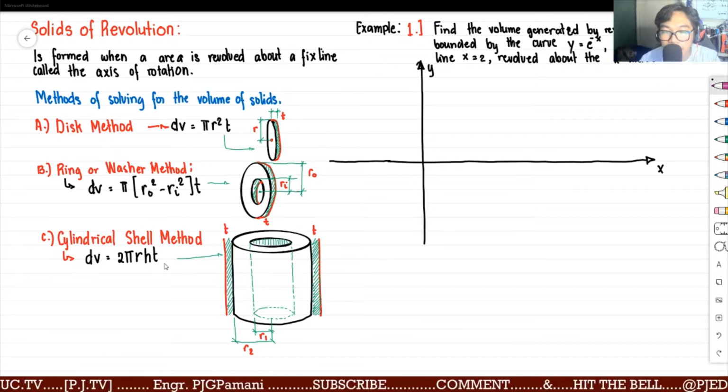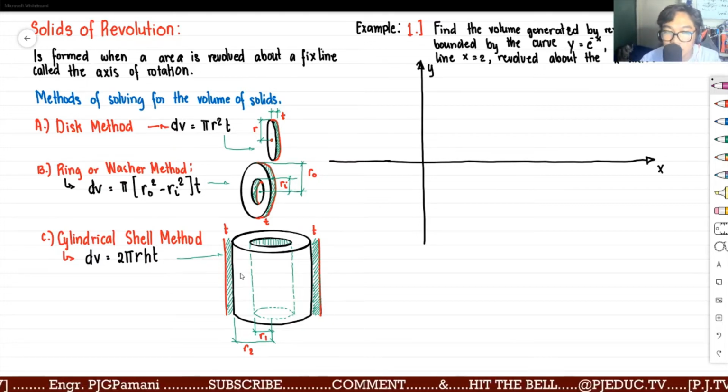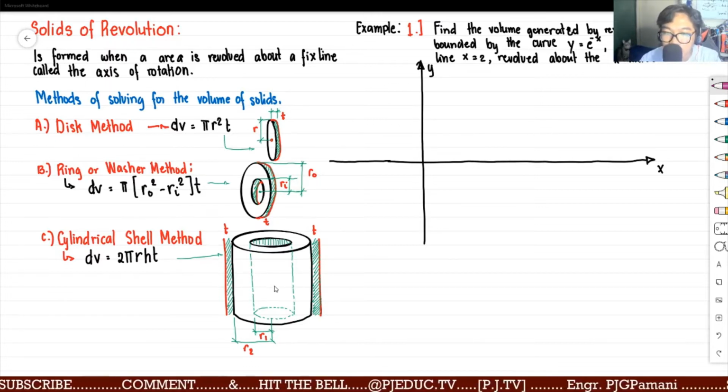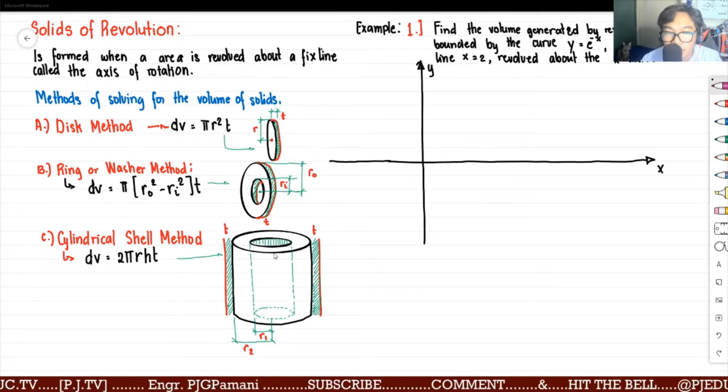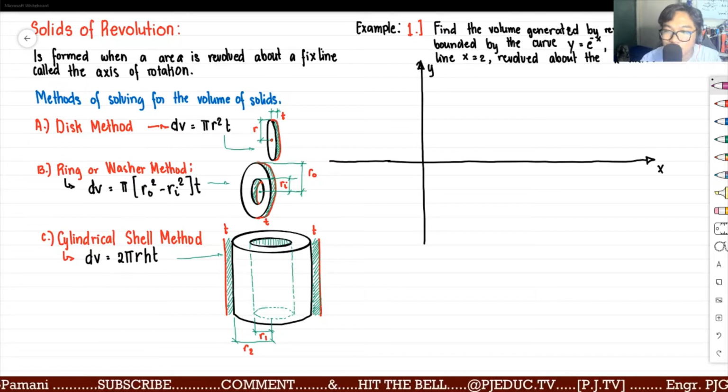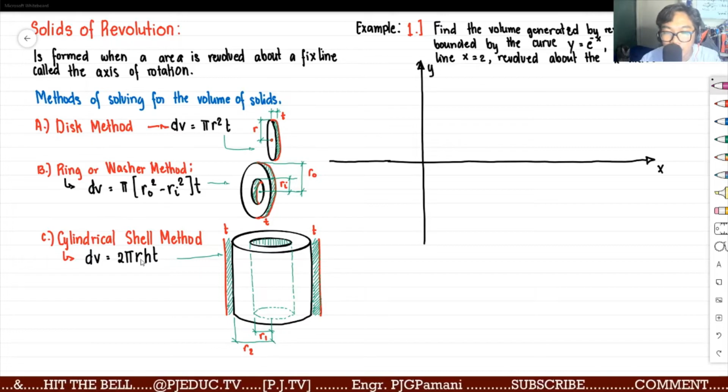Then the cylindrical shell method. Again, we need to consider this particular curve as a cylindrical shell. So it is like a thicker washer. But with the cylindrical shell, we have a specific height or length of this cylinder. Then again, the differential volume is equal to 2 pi times radius 1 and radius 2.